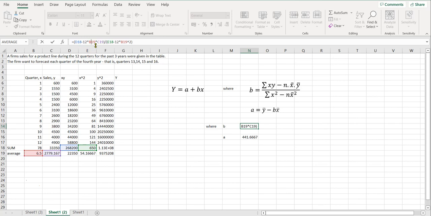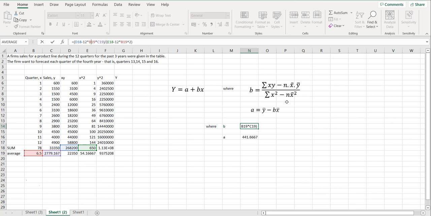Multiplied by B19, which is the mean of x, 78 divided by 12, multiplied by y mean. What is the y mean? The y mean is C19, which is 33,350 divided by 12. You can get this 2,779.